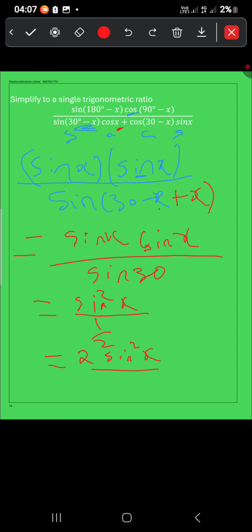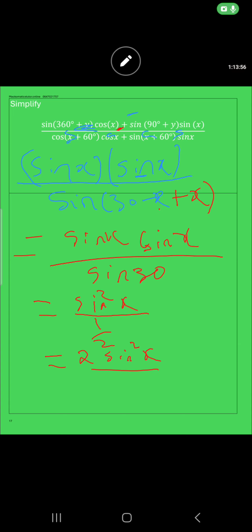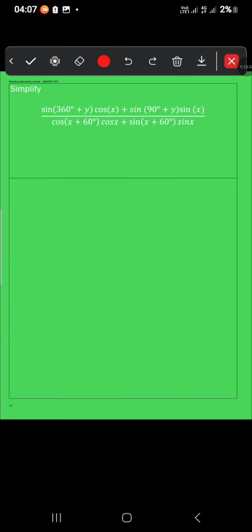All right. So we look at this one again. So we drop the 360. The only thing that we leave inside the brackets here is the variable angle.